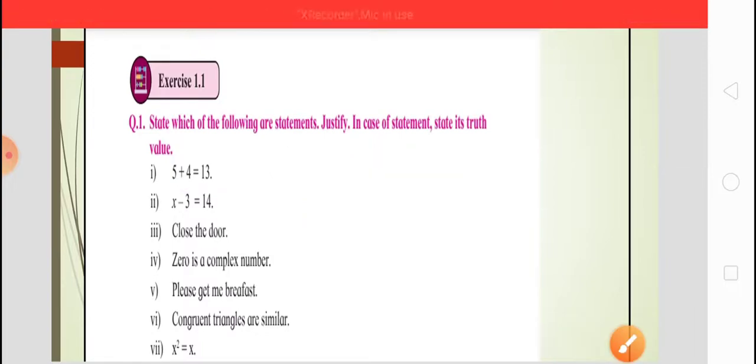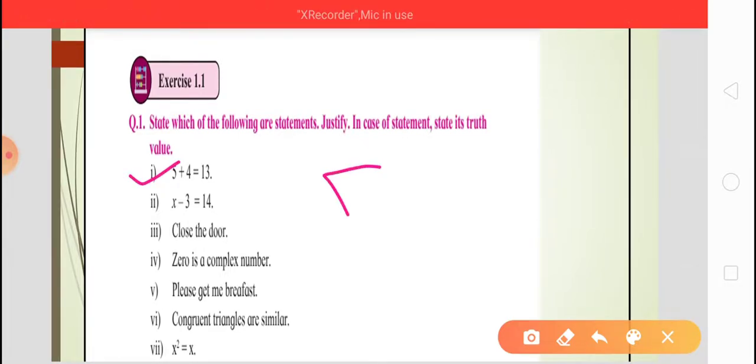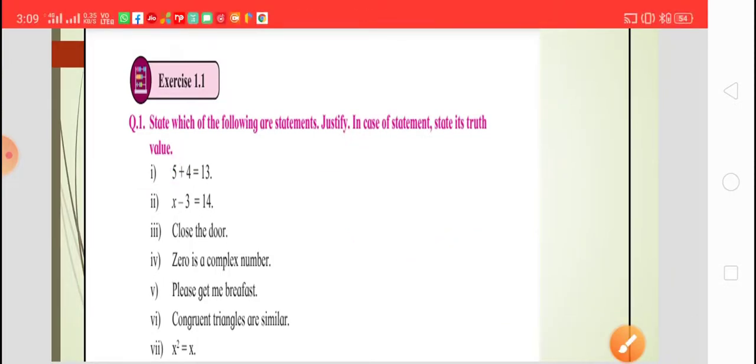But what is the truth value for this statement? This statement is false, so its truth value is capital F. The truth value for a false statement is capital F and the truth value for a true statement is capital T. So the first sentence is a statement and its truth value is false.